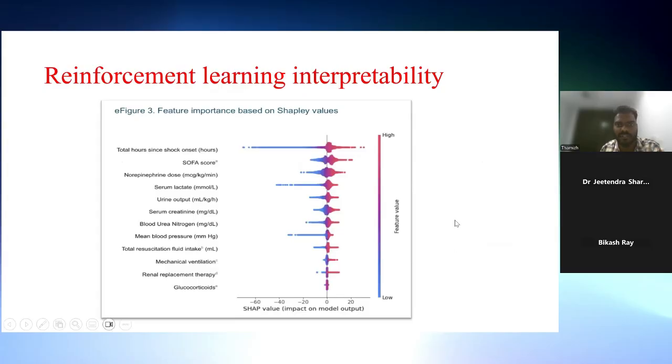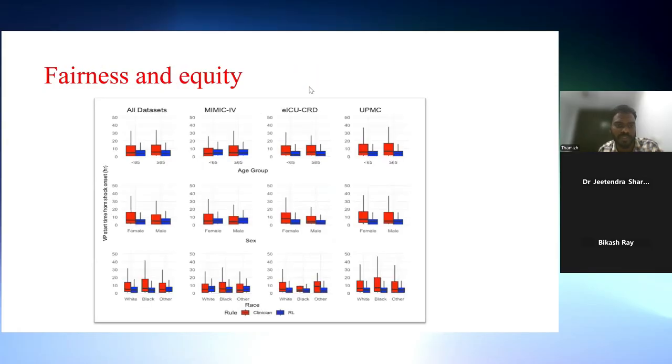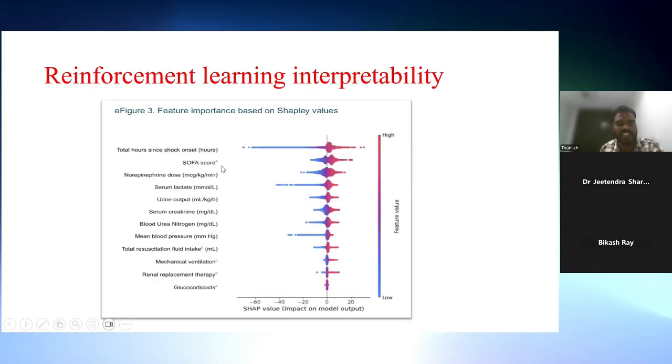So these are the SHAP values, to see the weightage of individual parameters and how much each parameter contributes to the outcome. From here we can see that time since shock onset, SOFA scores, the norepinephrine dose, and serum lactate levels contributed the most among the model that the reinforcement learning has chosen.